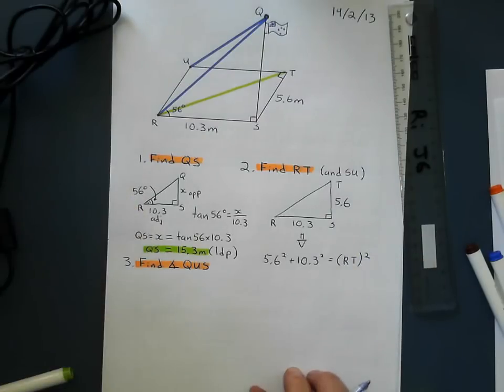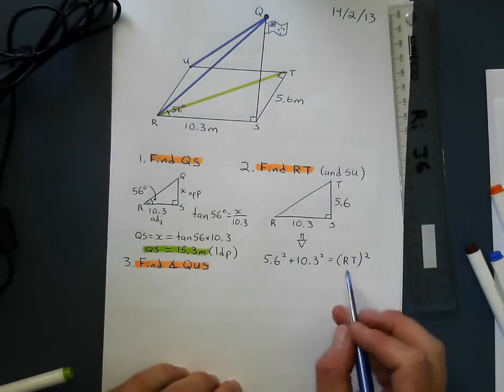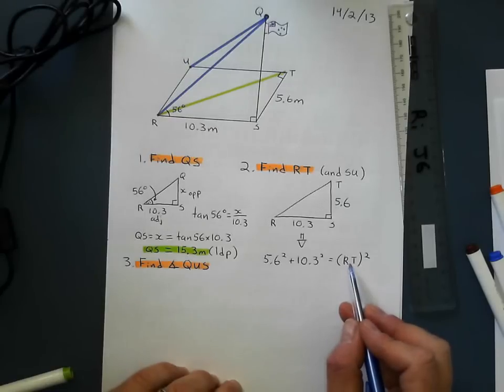So Pythagoras, remembering the hypotenuse is by itself, and I put that RT in brackets just so it doesn't look like I'm squaring the T. You wouldn't have this issue if you just used x.